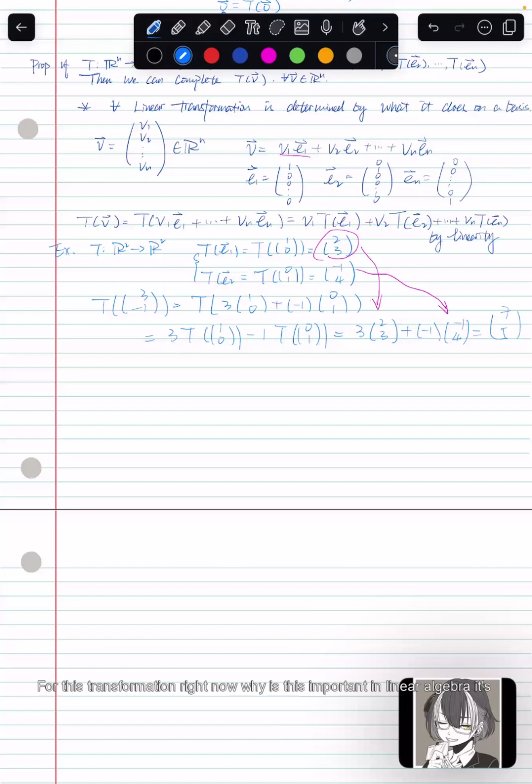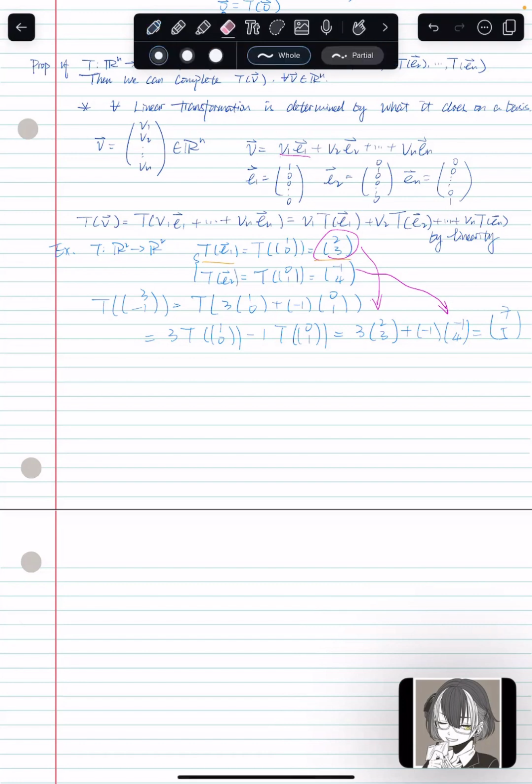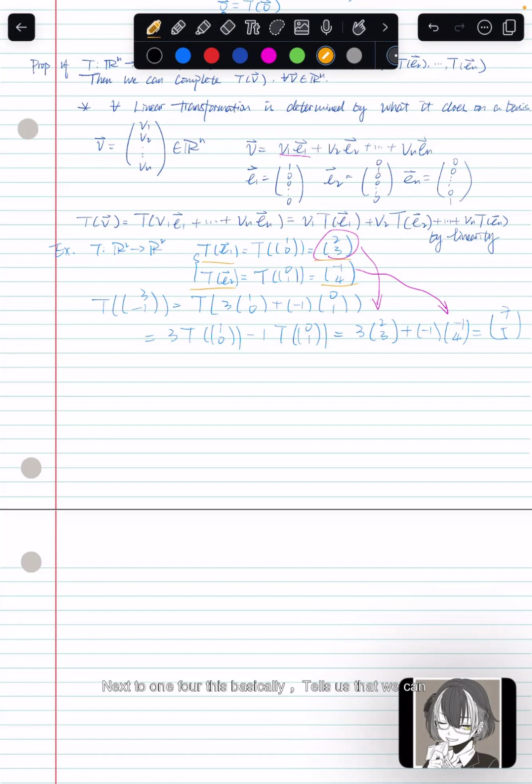All right, now why is this important in linear algebra? It's because if we know T of e1 is (2, 3), and we know that T of e2 is (-1, 4), this tells us that we can write this as a matrix. So we write the matrix with T of e1 as (2, 3) and T of e2 as (-1, 4).